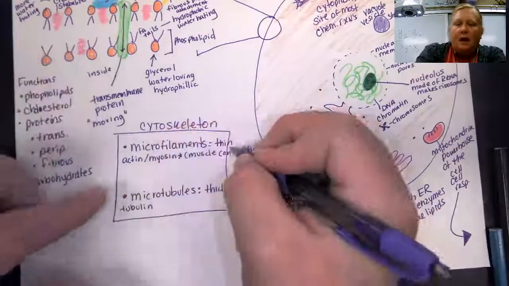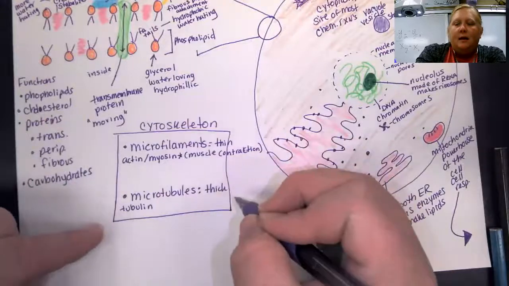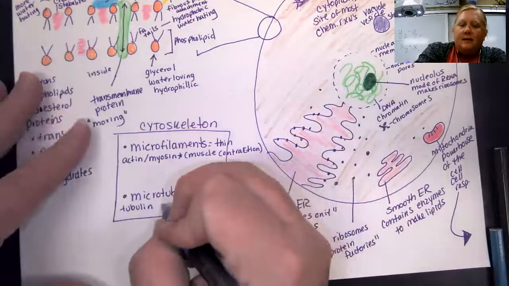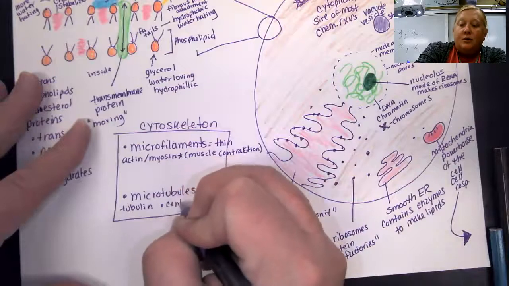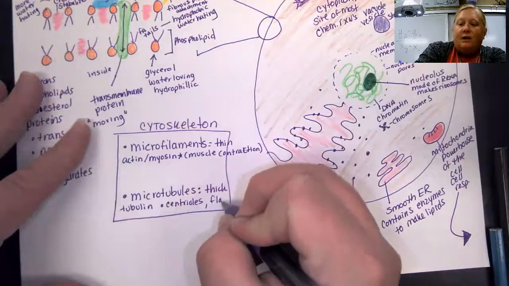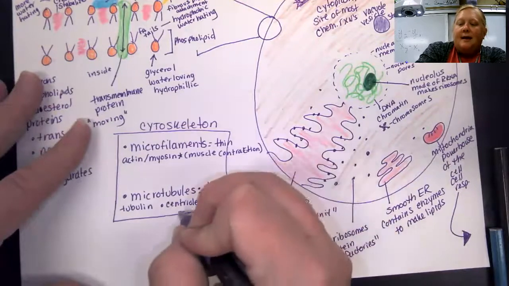So these are going to be small and thin. These are going to be much larger. This tubulin, these thick ones, make up the centrioles that I just mentioned, as well as flagella and cilia.